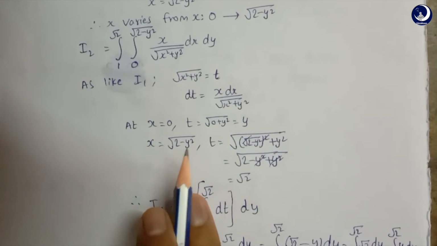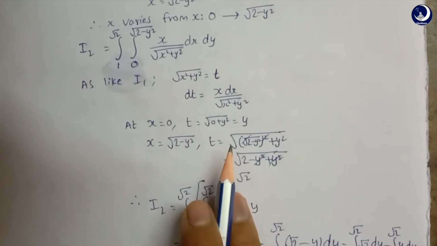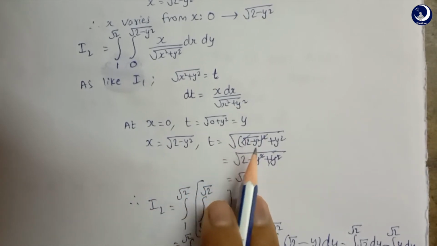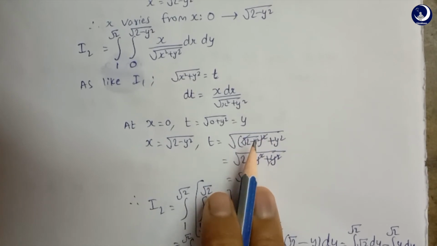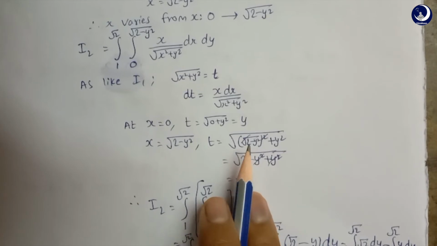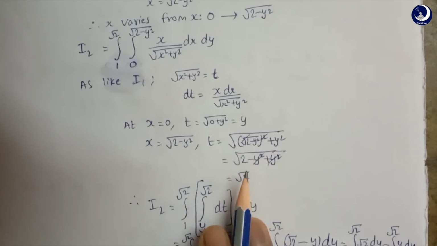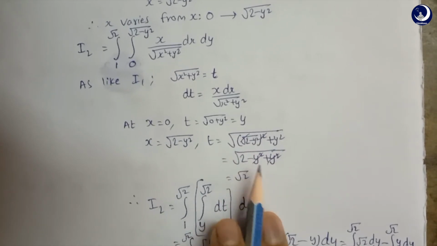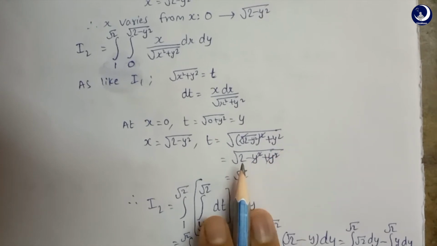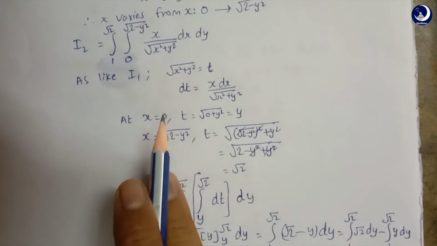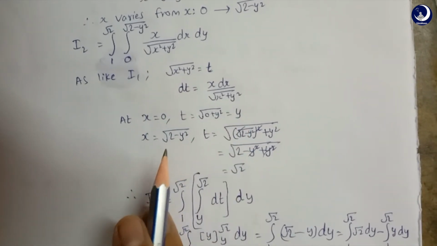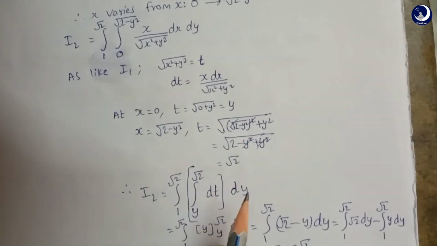At x equal to root over 2 minus y square, we substitute in place of x, and the square cancels the root. Then inside we get 2 minus y square plus y square, the y square cancels, and we get only root 2. Hence at x equal to 0, t equals y, and at x equal to root over 2 minus y square, t equals root 2.